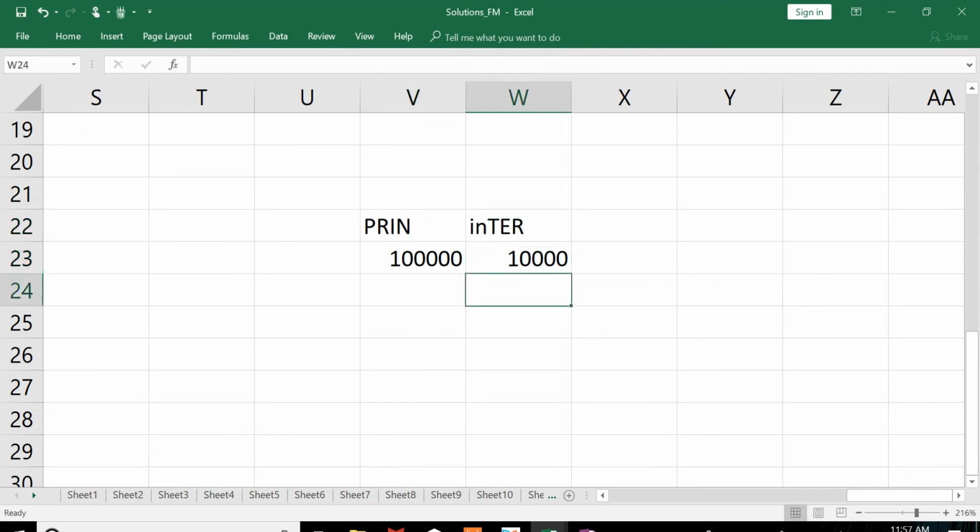So principal was 1 lakh, interest was 10,000. Now I can decide whether to pay out this money or retain this money in the bank. When I say payout, I'll take out the 10,000 rupees. When I say retain, next year FD will be 1,10,000.